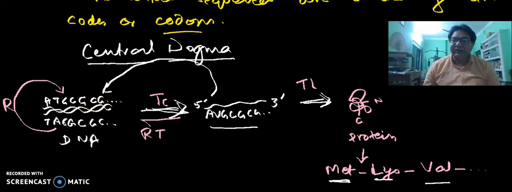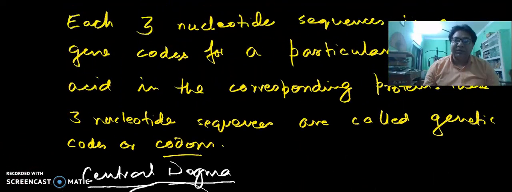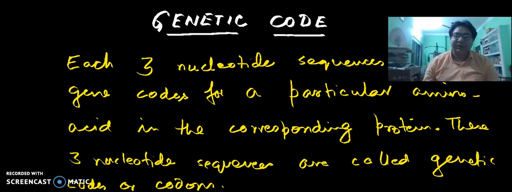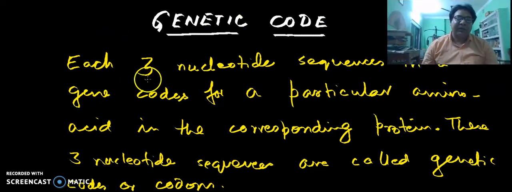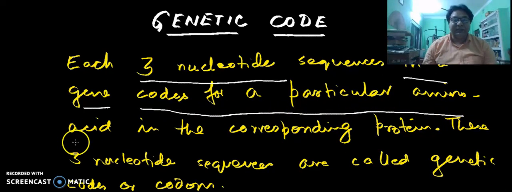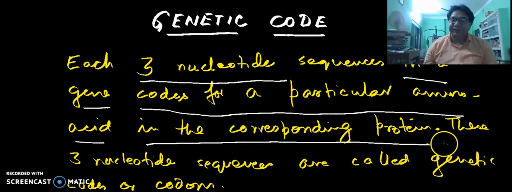So when it was seen that the proteins are made of amino acids, it was later on found that each amino acid is in fact coded by a 3 nucleotide sequence in the gene. Each of the 3 nucleotide sequences in the gene is responsible for coding for a particular amino acid in the corresponding protein, of course.